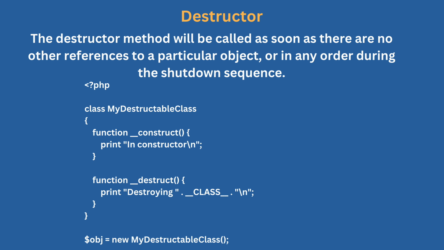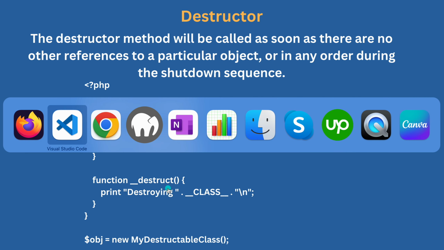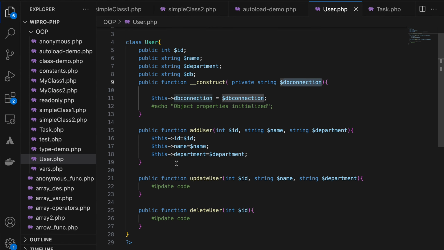So destructor, what is the meaning of destructor? Which clears the value. This is the function which is called when an object is destroyed, right? Where you can write a constructor, similarly you can write the destructor.